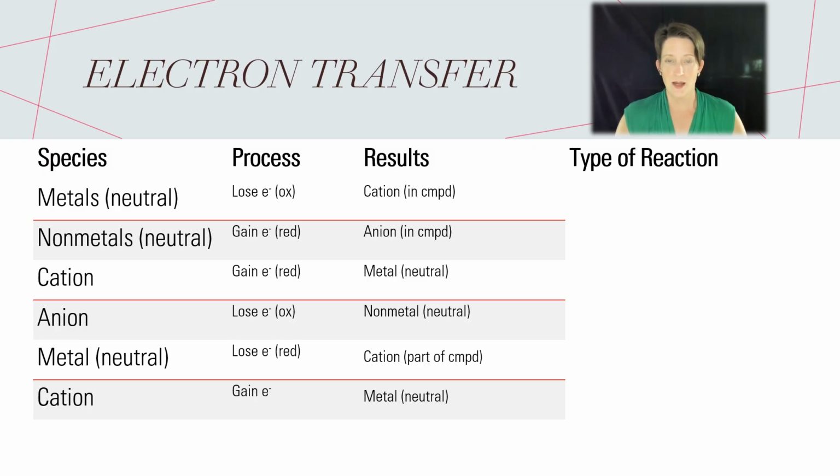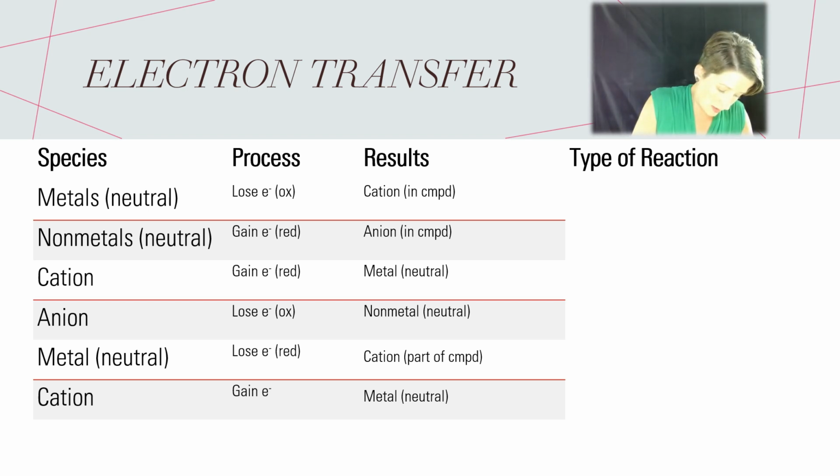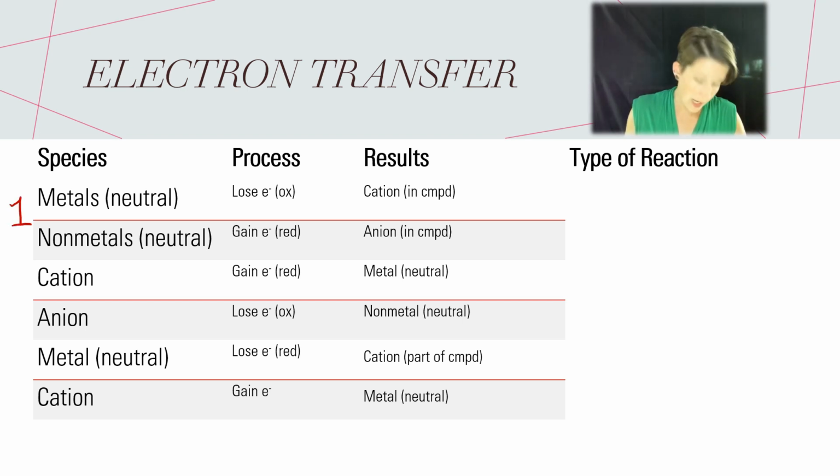With the reactions that we have talked about, here's a look at the electron movement that has occurred. Looking at this first one, we have our species, the chemical species or the elements, the process that's going to occur, and then the result. In this first reaction, I have a neutral metal with a neutral nonmetal. What type of reaction has these species?